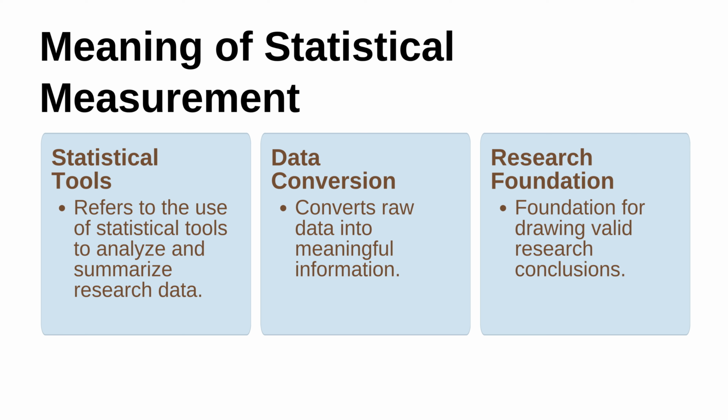Statistical measurement refers to the use of statistical tools to analyze and summarize research data. Think of statistics as our language for understanding numbers. It helps us describe what the data mean and what patterns exist. It also involves data conversion.